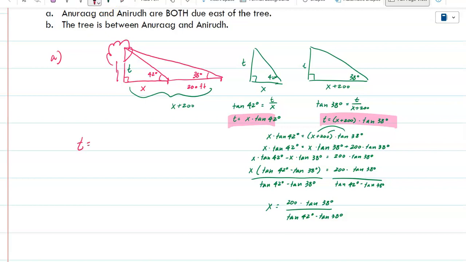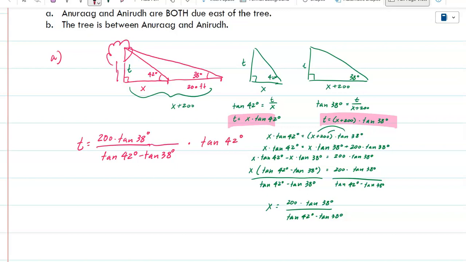So t, using that equation, equals 200 times tangent of 38 over tangent of 42 degrees minus tangent of 38 degrees, times tangent of 42 degrees.